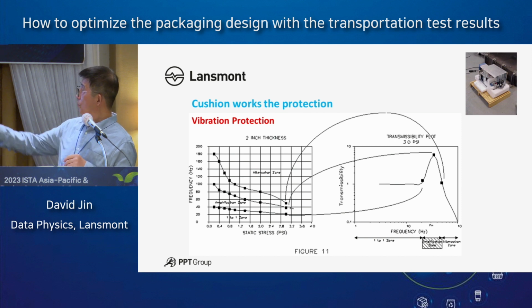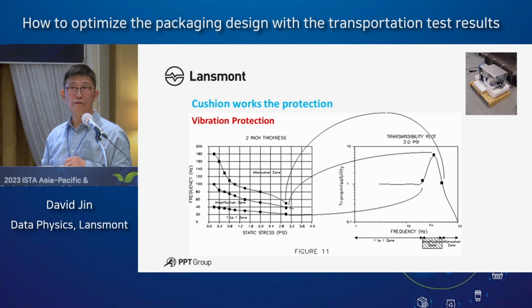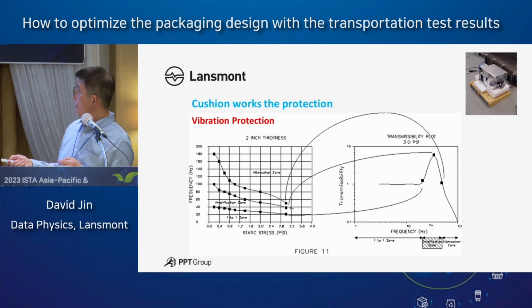So we also test the cushion materials. The cushion materials are also tested with 2-inch foam and with different densities. So we have the density different, and they come out with 3 curves. So we have 3 points, you know, the FNs like this way. So we have tested at different weights.